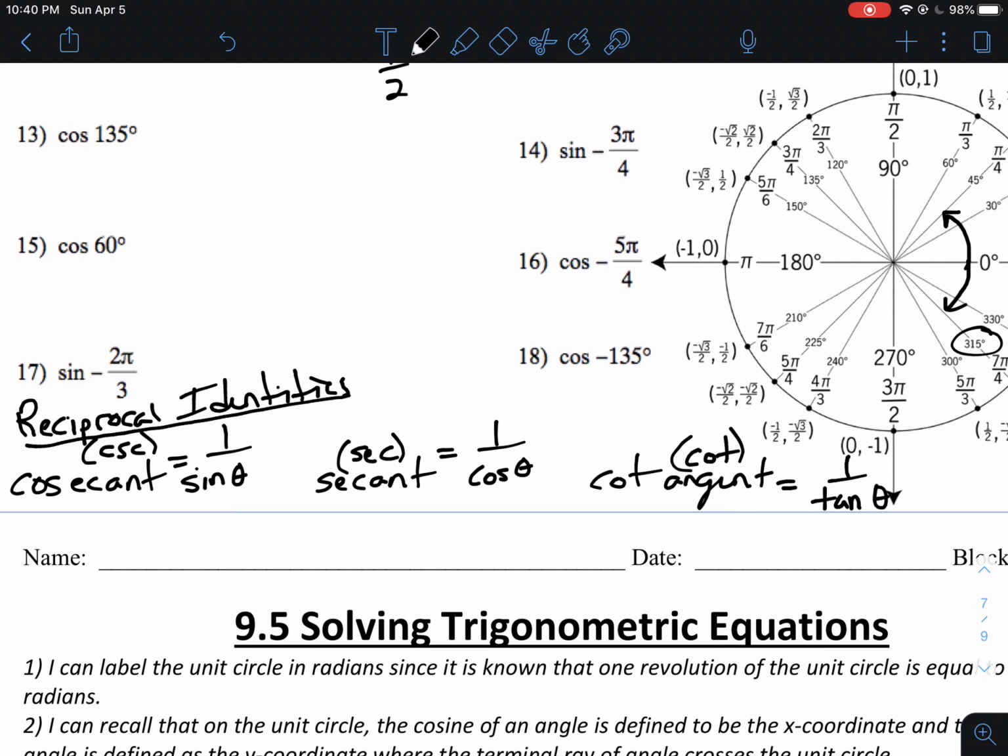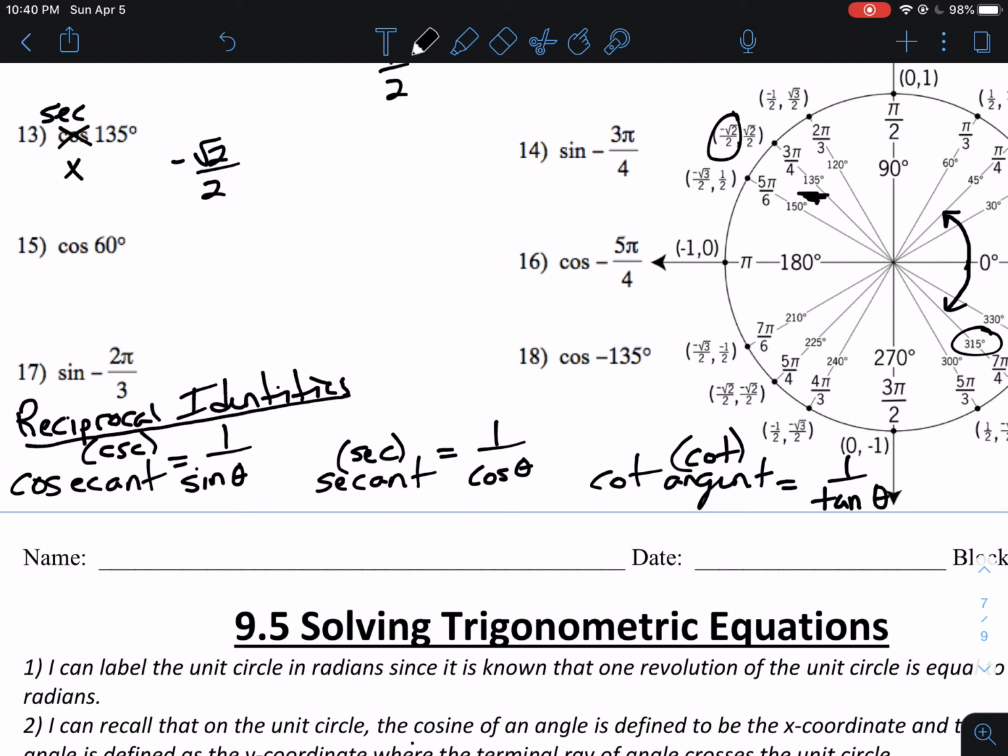So let's do this. On 13, instead of doing cosine of 135 degrees, let's take the reciprocal. So let's think about secant of 135 degrees. For secant of 135 degrees, you still want to be thinking of the x value. You really want to find the cosine of 135 degrees first. So if you come over to your unit circle, here is 135 degrees. The x value is negative radical 2 over 2.